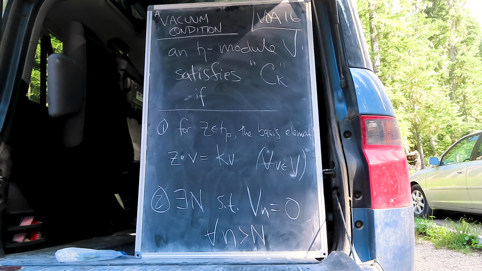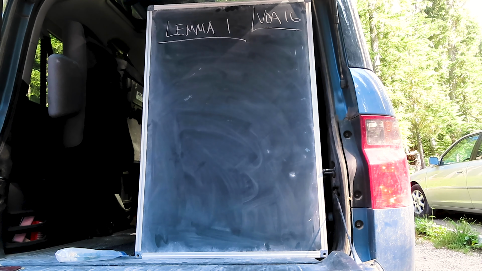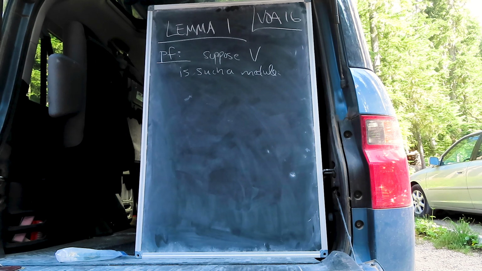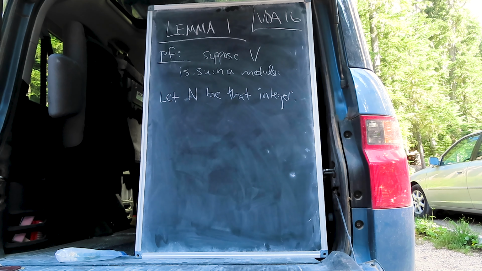With the vacuum structure now defined, we are in a position to begin today's discussion. We begin with a pair of useful and descriptive lemmas. First, lemma 1. Any Z-graded H module V that satisfies the condition C sub k has a vacuum vector. Proof. Suppose V is such a module. Because V satisfies condition C sub k, it has that integer n, which represents the non-trivial homogeneous subspace of highest dimension.